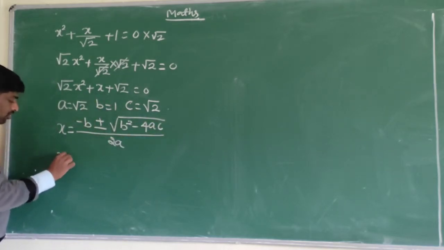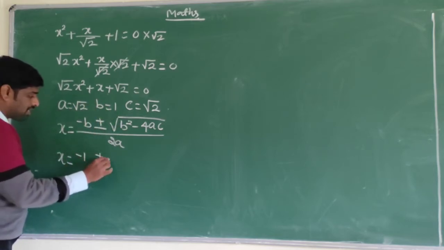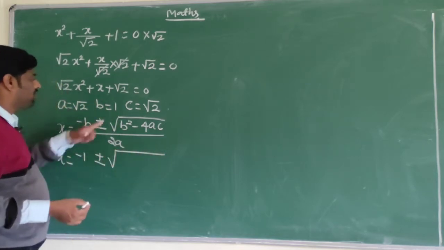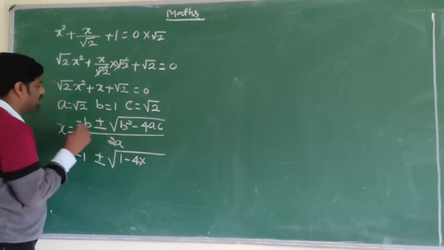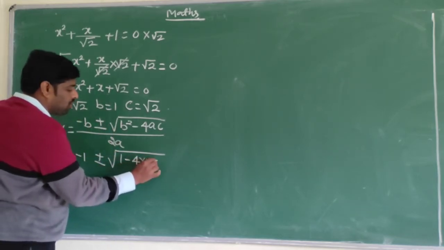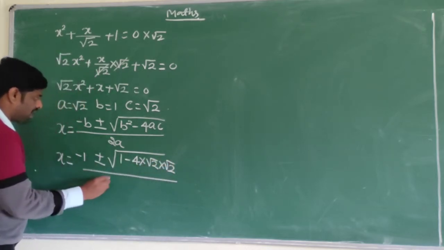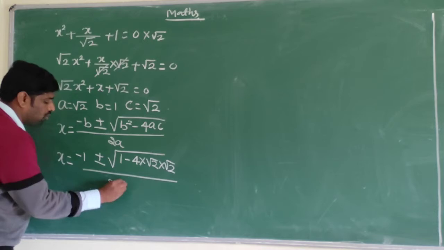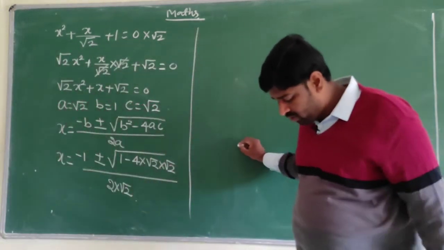So b value is 1: minus 1 plus or minus square root of b value 1 minus 4 into a value root 2 into root 2, divided by 2 into root 2.